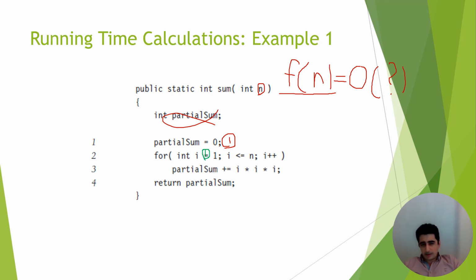And then this for loop, which iterates n times, needs the following instructions in every iteration. We have a plus plus, which is basically two different instructions, plus the comparison less than or equal, that's one instruction, plus we have 1 and 2 multiplications, plus we have a plus equal, this is two instructions, and that's it, right?